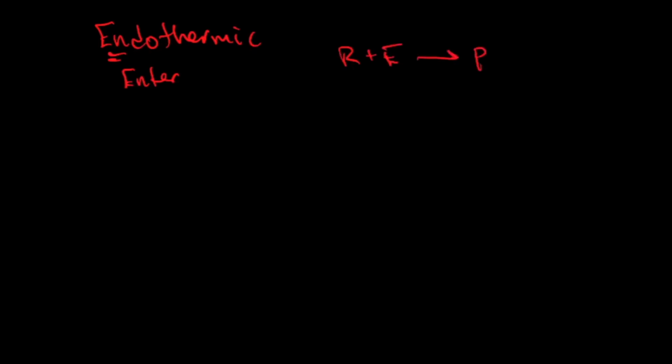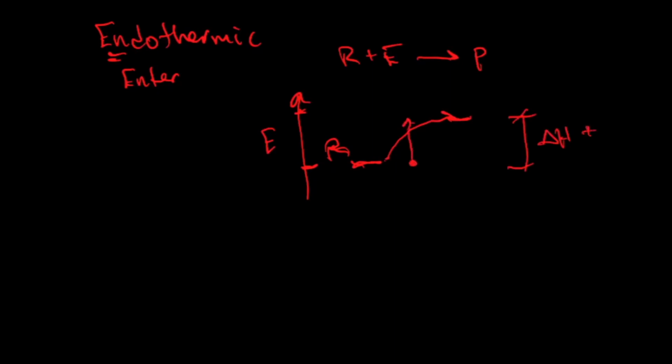Okay, so that means that the reactant is here. This is the energy scale, and this is the product. So this is the energy of the reactant. This is the energy of the product. And what you need to do is you need to pump in this amount of energy. That's called delta H. And that delta H is positive because you're going from a lower to a higher. Okay, so that's positive.